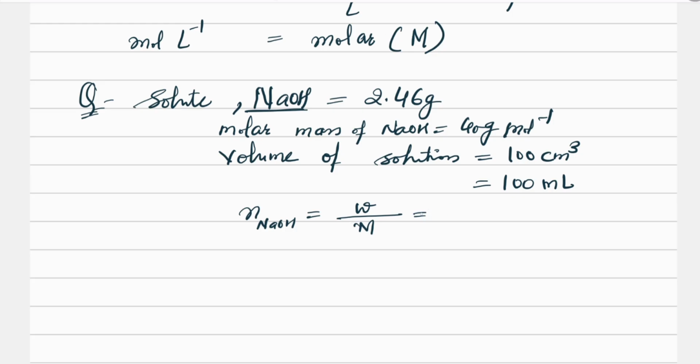So given mass is 2.46 divided by 40, and we can calculate it.